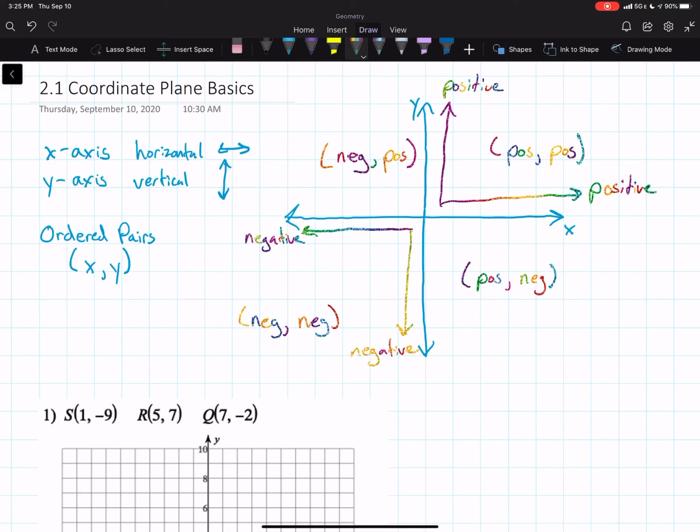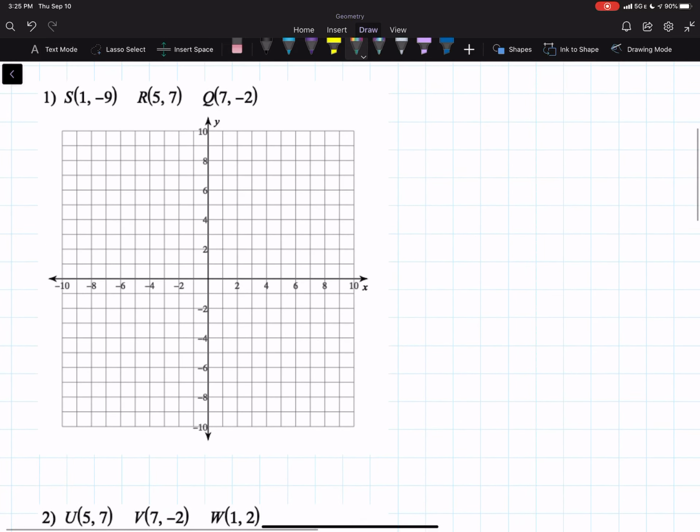All right, so today what we're going to do is practice plotting points and also naming the ordered pair from points that are already plotted. So let's take a look at how that works. Number 1, S is 1 comma negative 9. So I'm going to plot that point. I'm going to write my thinking down here. You always start at the origin in the middle, that's 0, 0, called the origin.